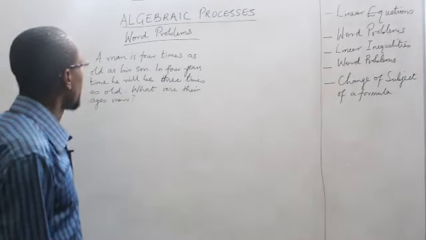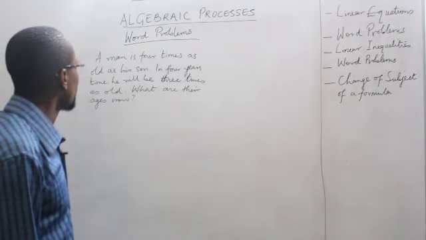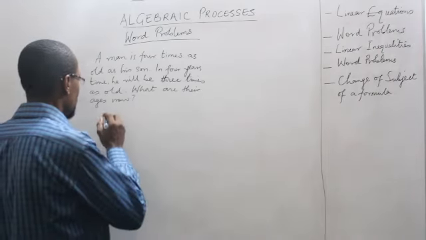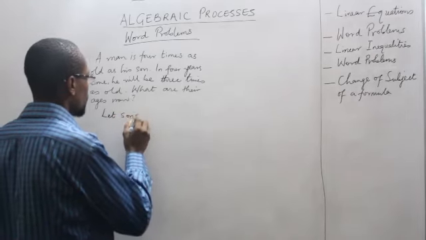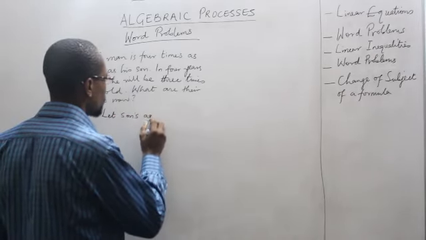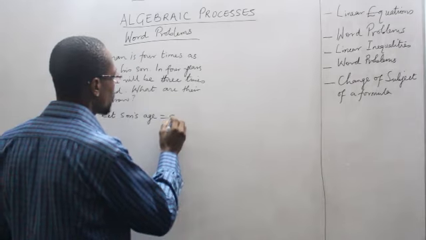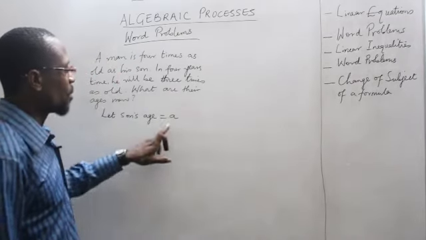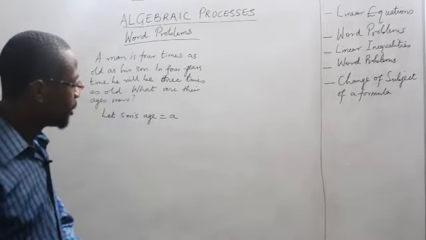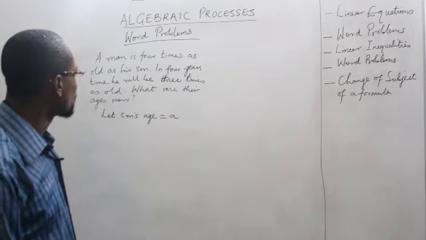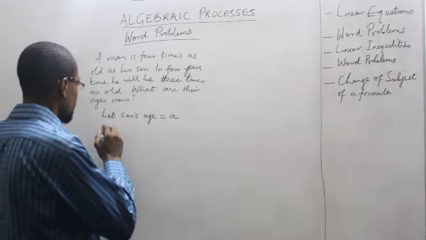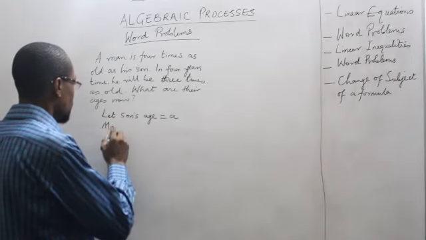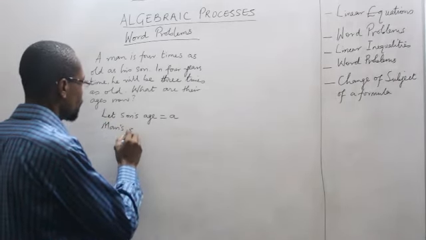We can begin by saying let the son's age equal A. I want to use A to represent age. So if the son's age is A, we are told that the man is 4 times as old.